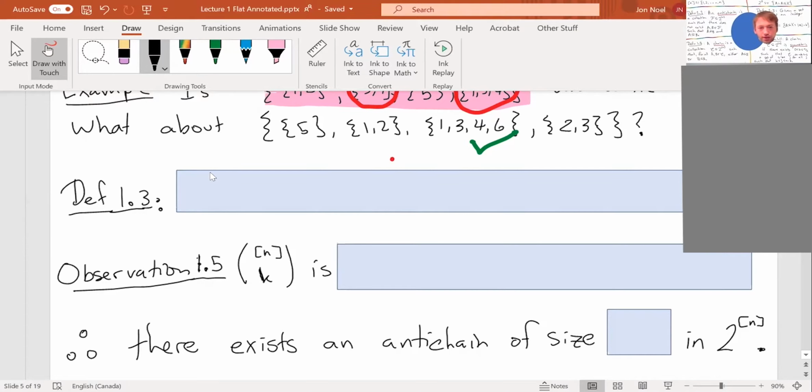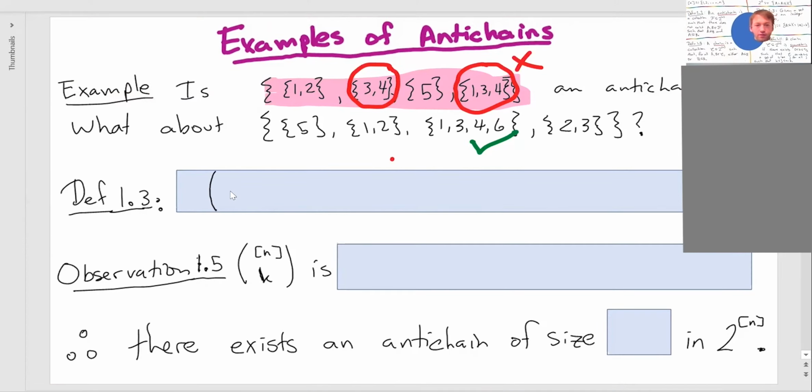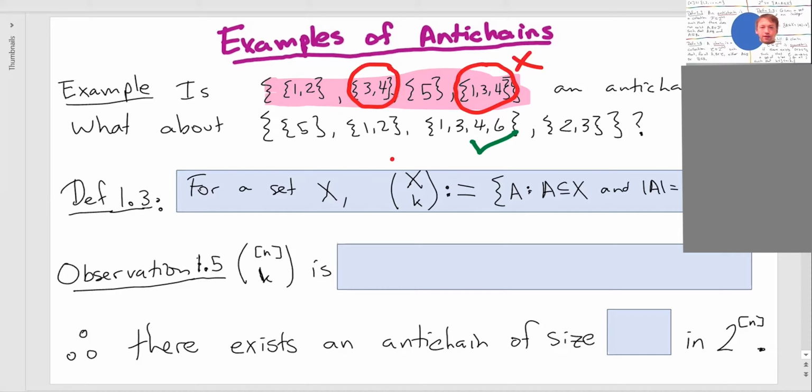Okay, another definition. If I have a set X and a non-negative integer K, I'm going to define X choose K to be the set of all A such that A is a subset of X and the size of A is K. So these are all the subsets that have size K. Observation: square brackets n choose K is an antichain.